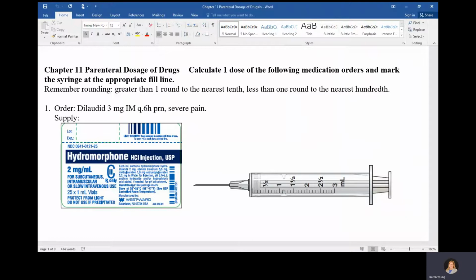Here's a problem here. I used to know how to calibrate these.